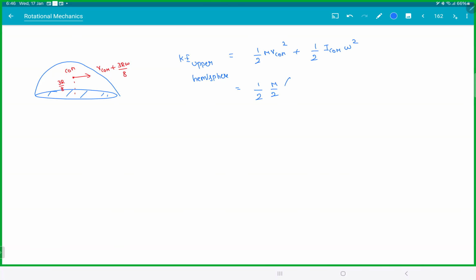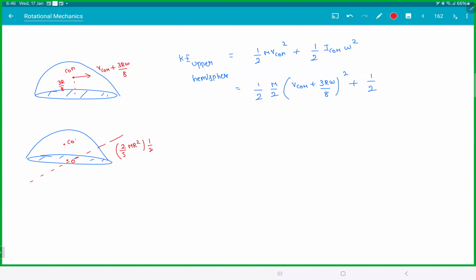Mass became m/2, and this is VCOM plus 3r omega/8 whole square, plus half. Now see what ICOM will be. That is a trap. This is the center. This I know, it is 2/5 mr square, half of it.